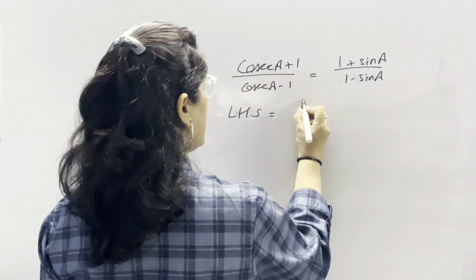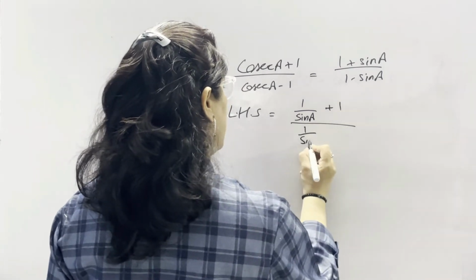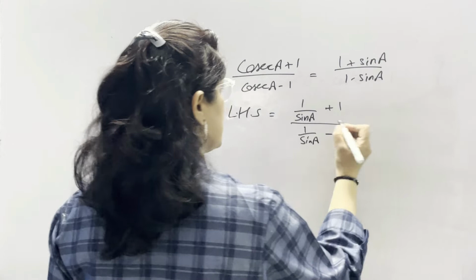Now, cosec is 1 upon sin A, so plus 1 and then again 1 upon sin A minus 1.